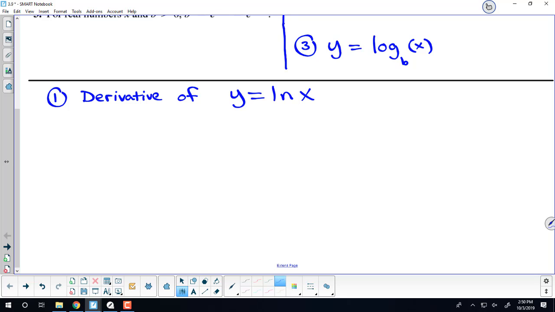So, namely, if y is equal to the natural log of x, what is x? If x is 1, y would be 0.